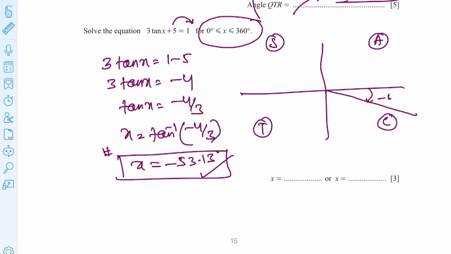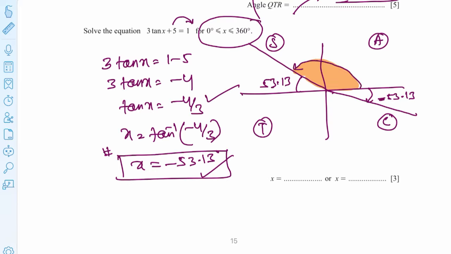So this angle is negative because of direction, 53.13. If I extend this line, this angle also will be 53.13. Are you getting it? Now check in which quadrant tan is negative, because tan is negative here. So tan is negative in which quadrant? I think in the second quadrant. That means we need to find out this angle, the part I'm showing right now, right?